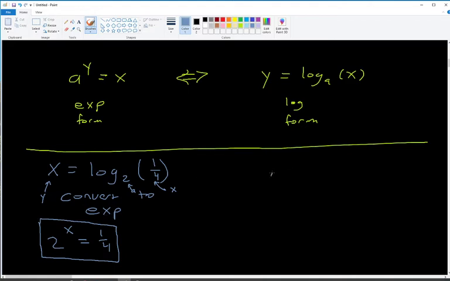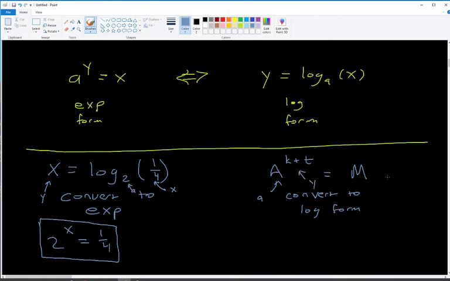Let's say that we had A to the k plus t equals m. So this is an exponential form. And let's say they want us to convert to logarithmic form. So capital A is acting as lowercase a. Y is the power, so k plus t is acting as y.